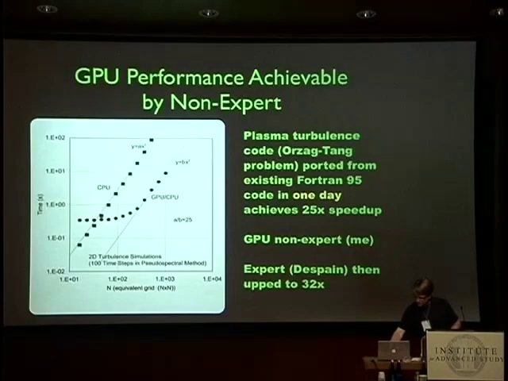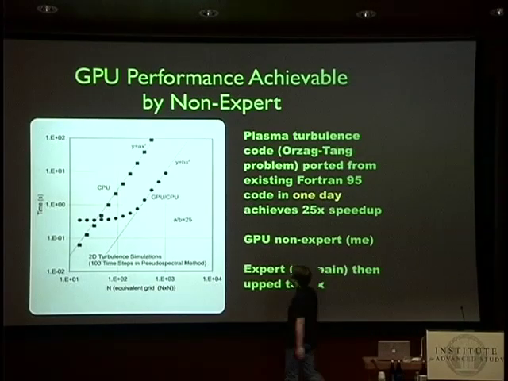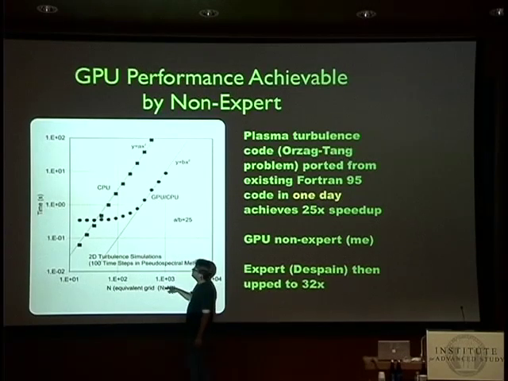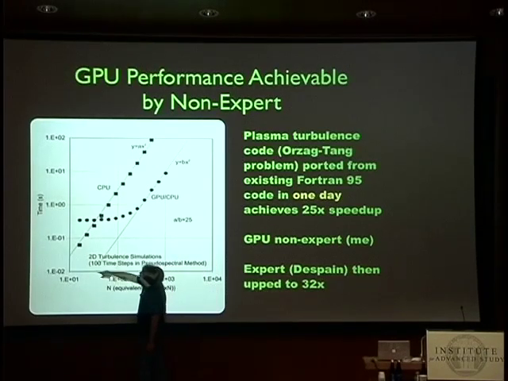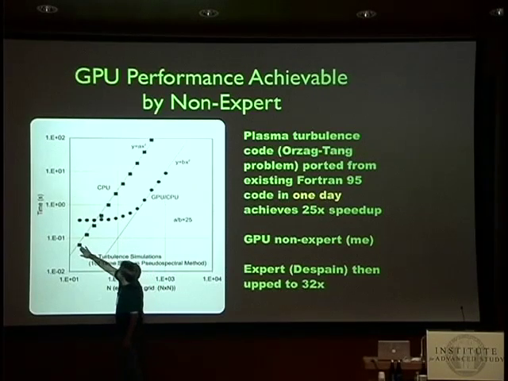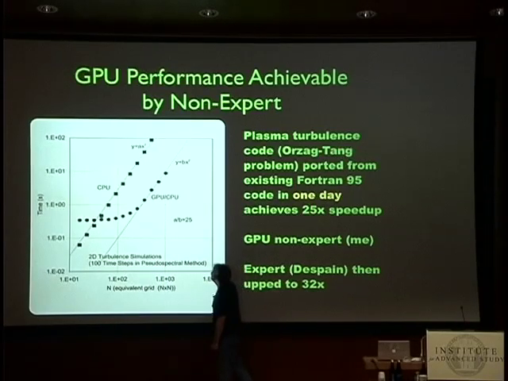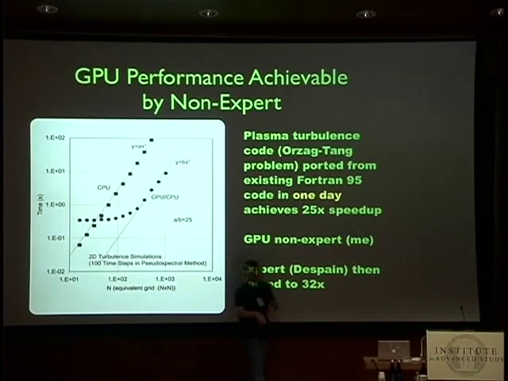I think the next slide is, so this is just the slide that normally would go before the one I showed you. So this calculation of turbulence simulations, here's the size n, it's actually n by n, but we're just counting n, versus time, and so the CPU is great at small problems and stays basically in squared, because you understand what I'm saying here, it's a 2D array, but you just count the total number of points within.